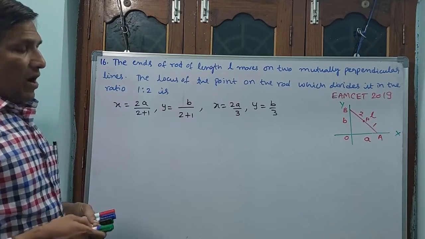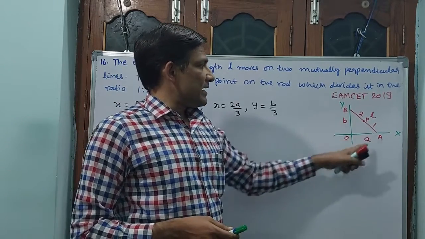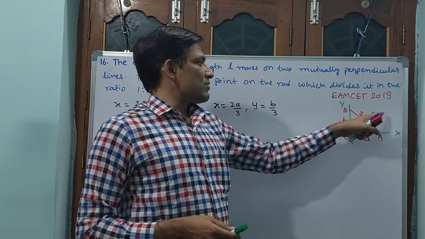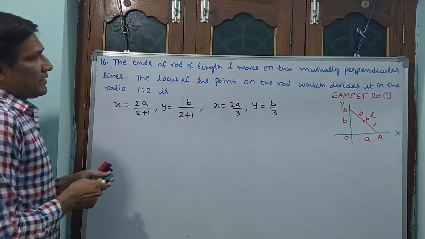We also know that this is a right angle triangle, so a square plus b square is equal to L square. That you write down.